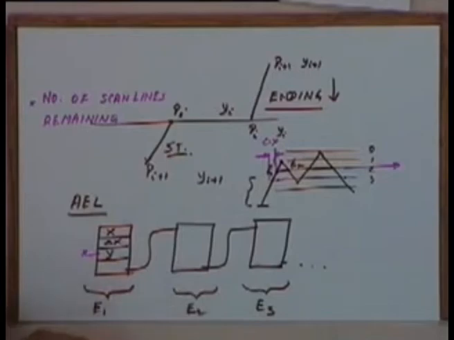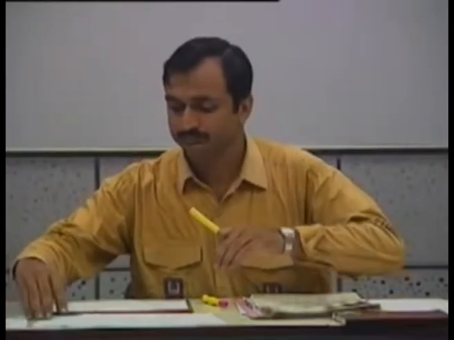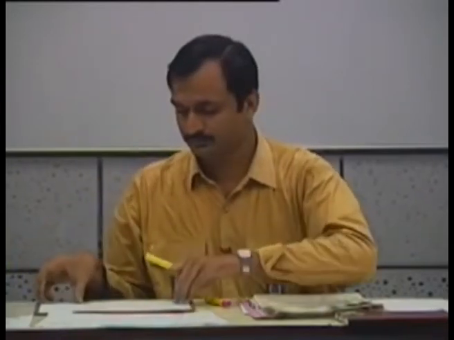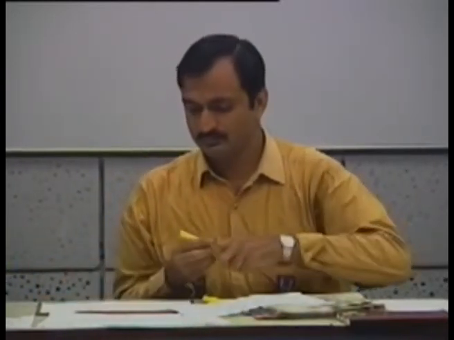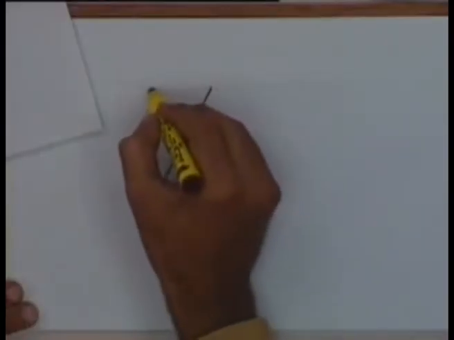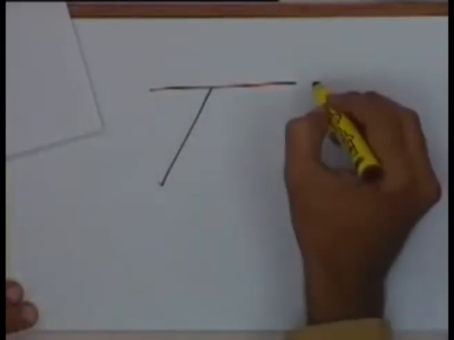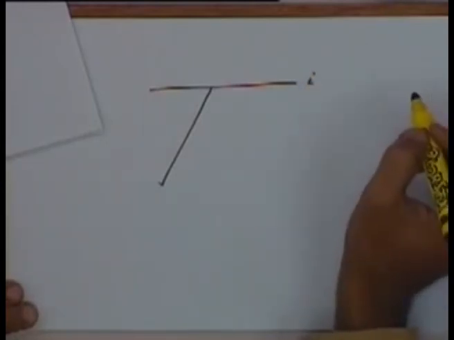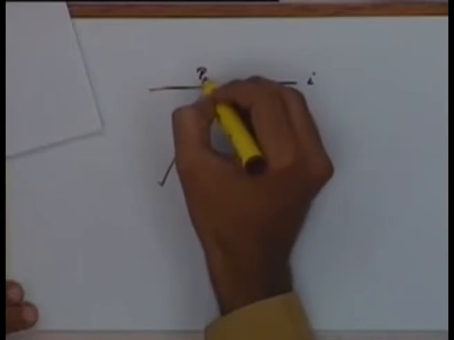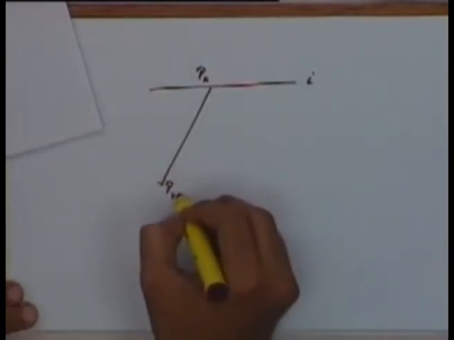That means this is the line, it has started at this particular scan line, which is scan line number I. Let us say this is point pk, this is point pk plus 1.